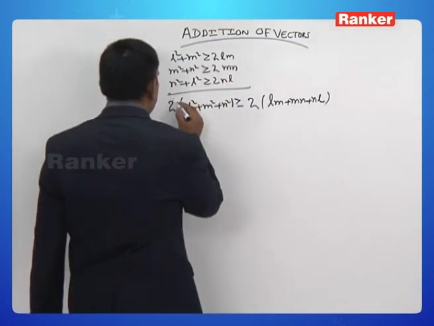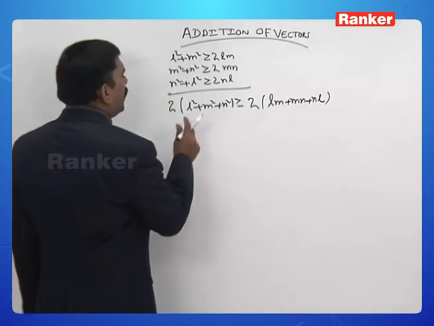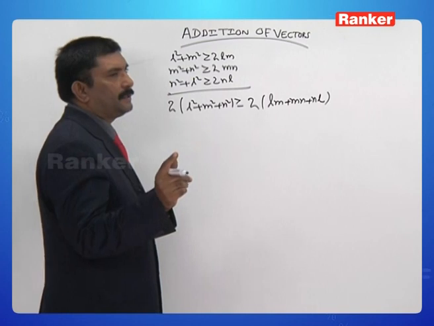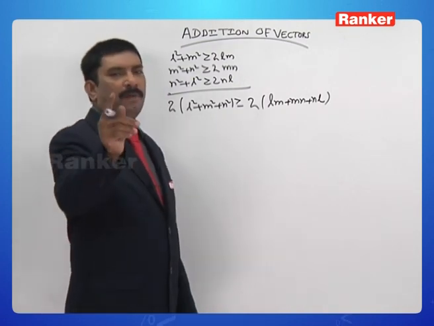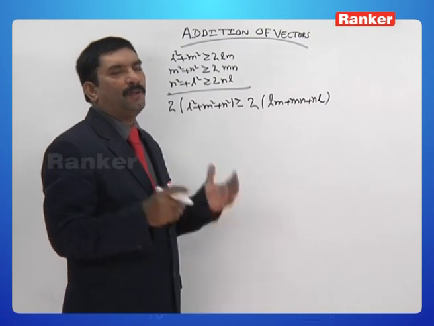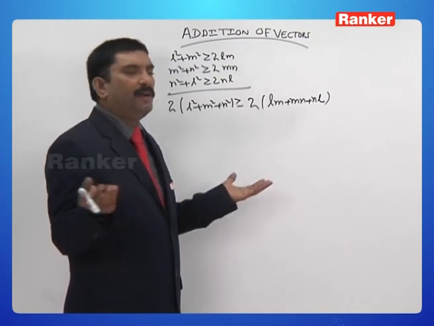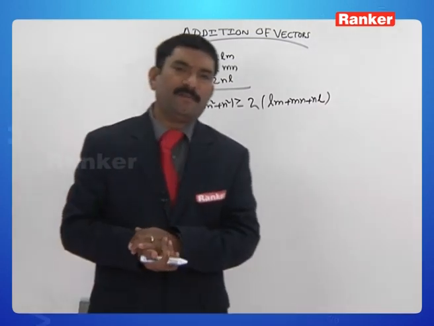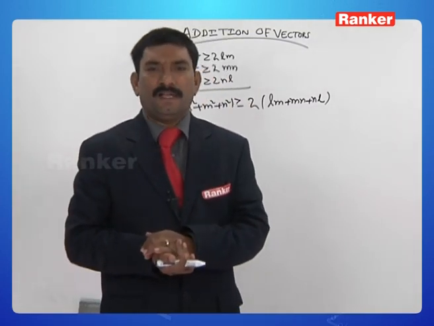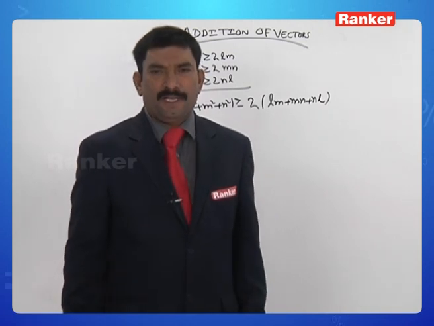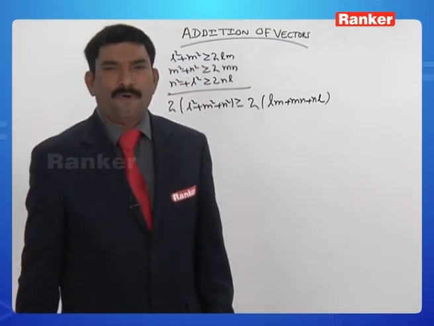Now this 2 and 2 go, and also we know that when L, M, N are the DCs of a line, we have proved cos square alpha plus cos square beta plus cos square gamma equals 1. Nevertheless, L square plus M square plus N square is equal to 1.